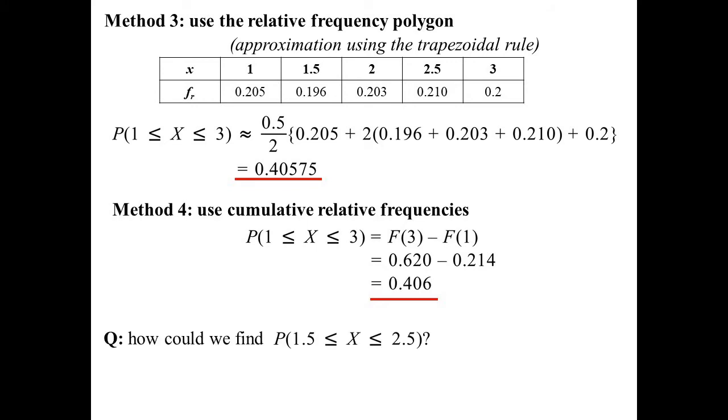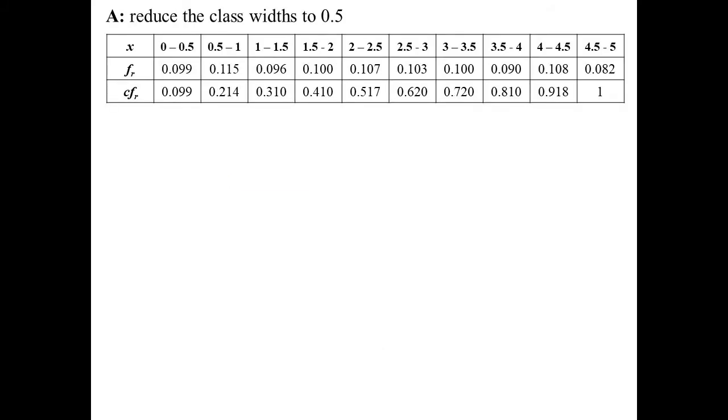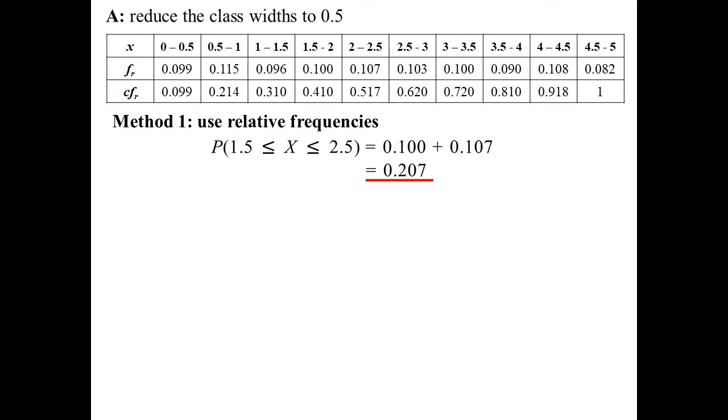But what if I said I want to find the probability between 1.5 and 2.5? Now I'm going to reduce the class width down to 0.5 so I can do this problem. There are the new relative frequencies. Again, if I use the relative frequencies, the probability is 0.207.